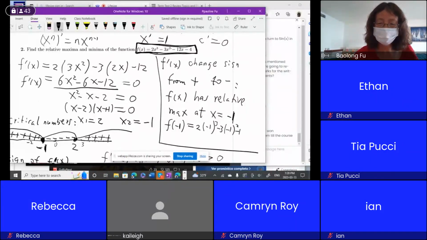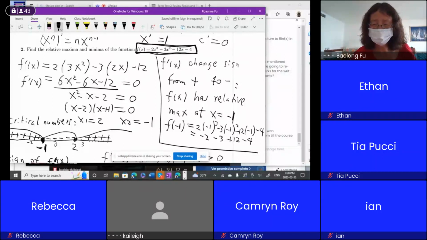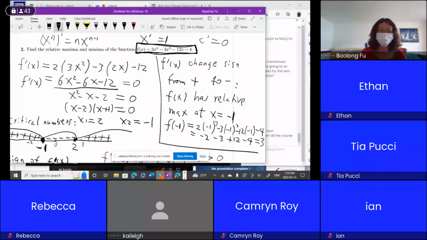The final answer is 3. The maximum value is 3 at x equal to negative 1. So we found one maximum.